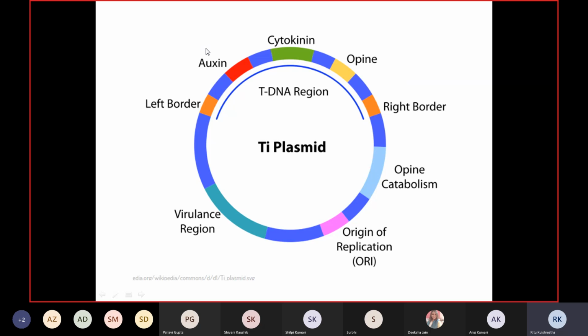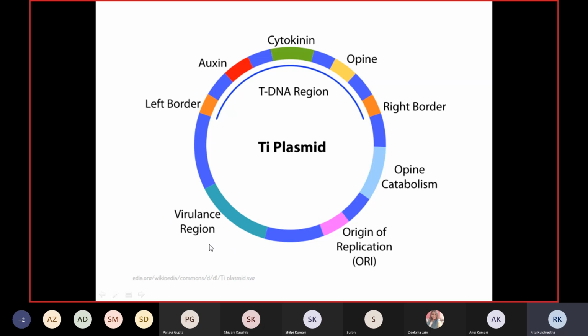By a lot of cell division in plant cells. So more plant cells with this tDNA region, more opines are being made. So these three are the regions. Then to catabolize the opines, the plasmid also has the opine catabolism region. So yes, these are the components.